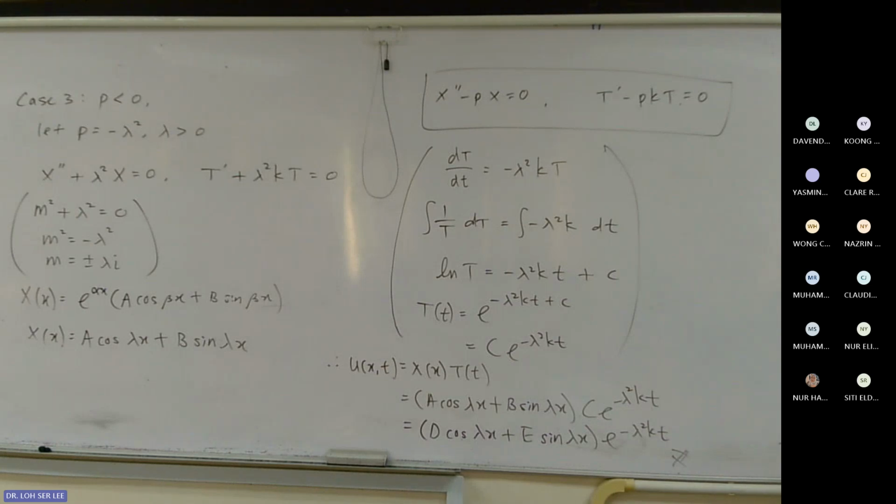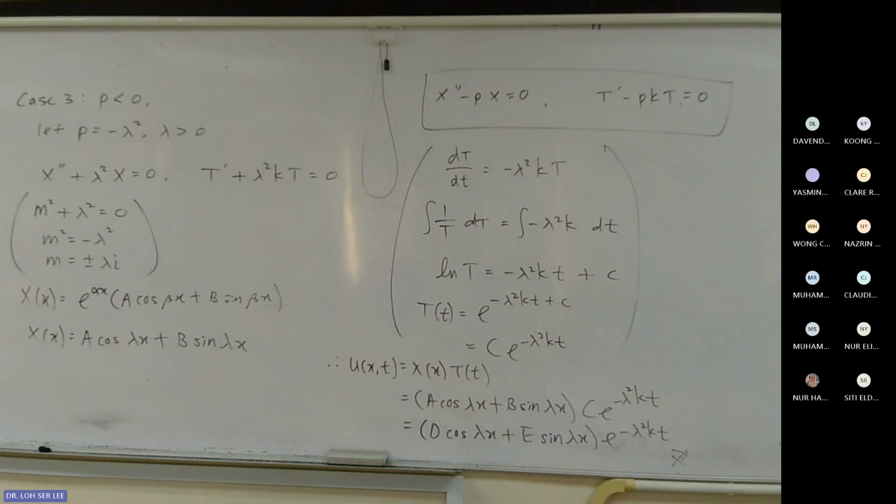Okay. Now there's a note here. Notice that there are 3 possible solutions. However, with the boundary conditions and initial conditions, this problem has a unique solution. Meaning that if you are given the boundary condition and initial condition, you have only one solution.